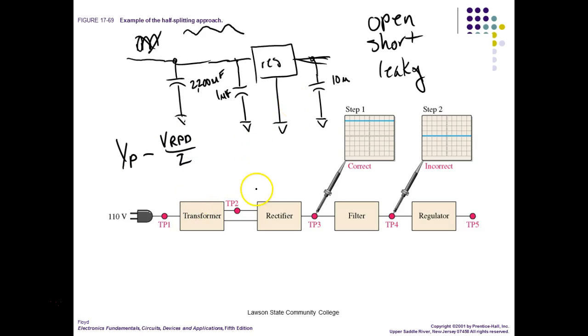Pulsating DC average is equal to the peak over pi, so here I'm dividing by 3.14, and I'm just subtracting out one half of the ripple voltage. So if that capacitor opens, what's going to happen to my DC output? Is it going to be a lot higher than it was supposed to be, or a lot lower than it's supposed to be?